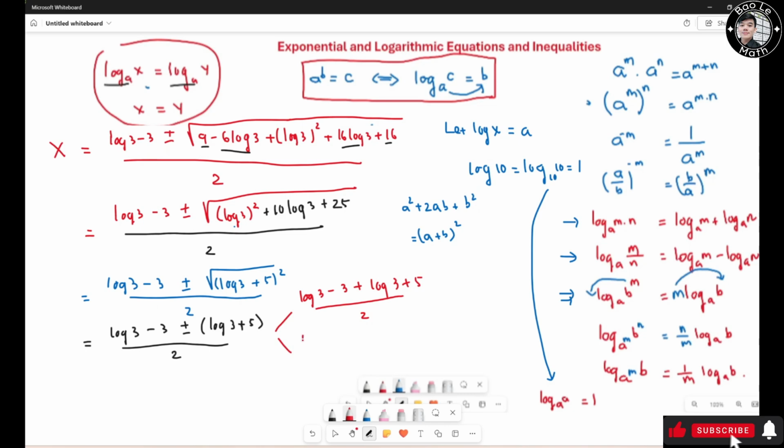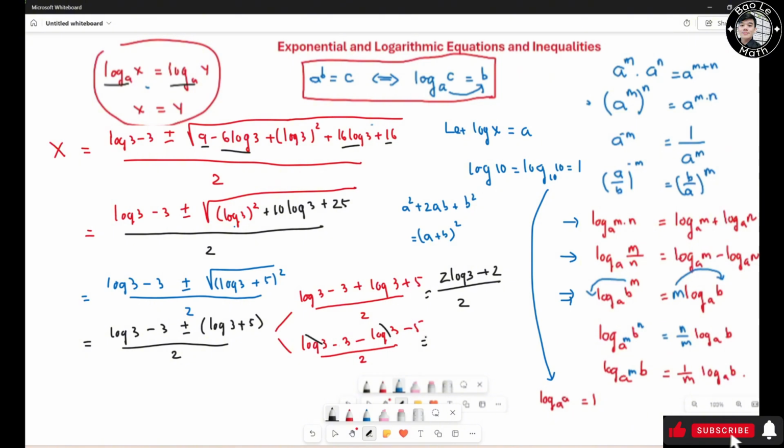And the second case, log 3 minus 3 minus, distribute negative side, so it could be negative log 3 minus 5 over 2. Alright, so this guy turns out to be log 3 plus log 3 is going to be 2 log 3, right? And then negative 3 plus 5 is going to be plus 2 over 2. And the second one, this guy cancels out.